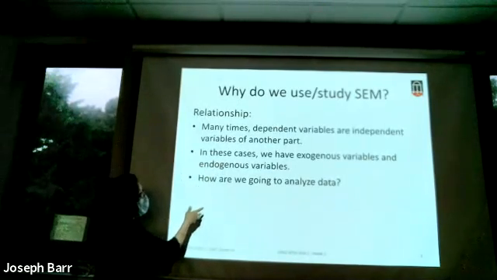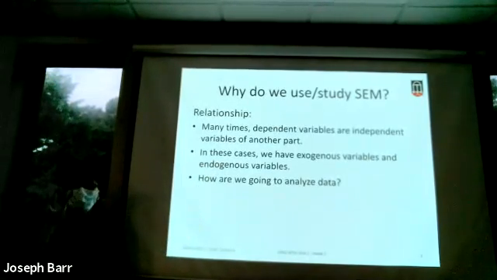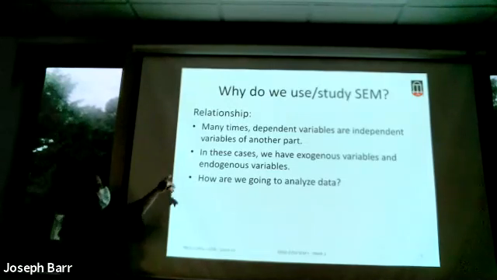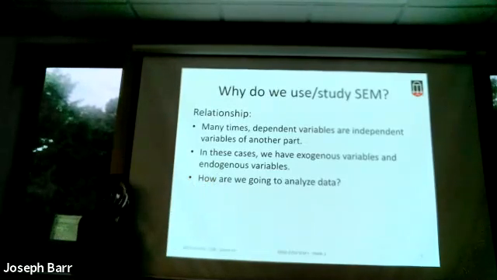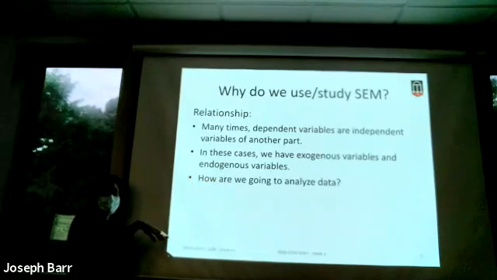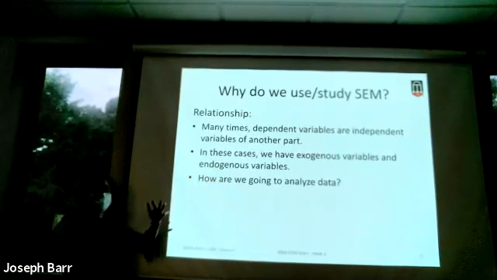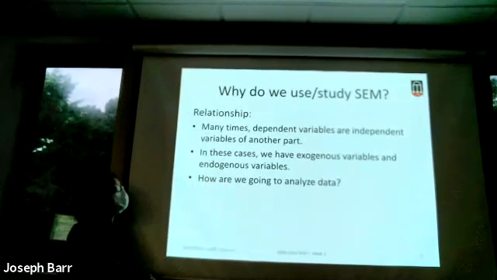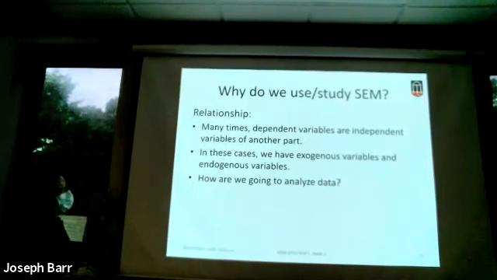But in many cases, the dependent variable could be an independent variable, or could be the cause of another variable. The relationship is more complicated than in linear regression, because we have a larger group of variables.